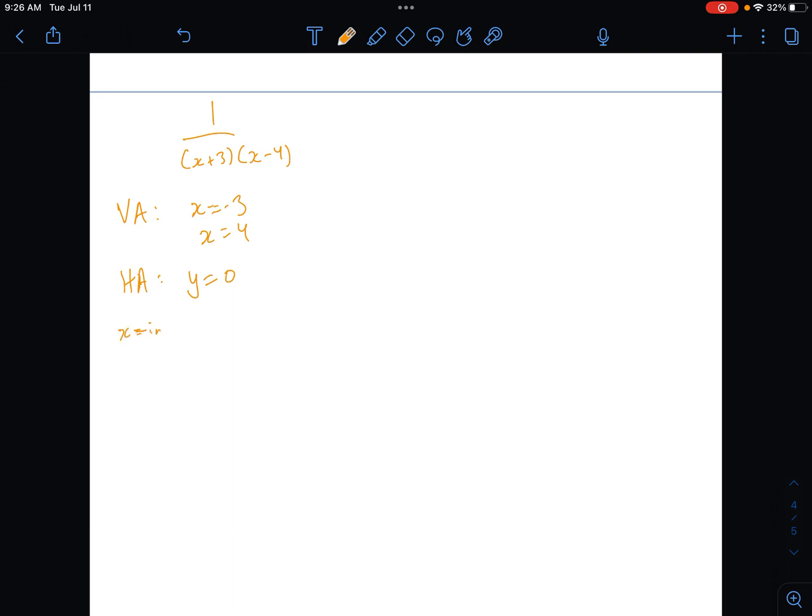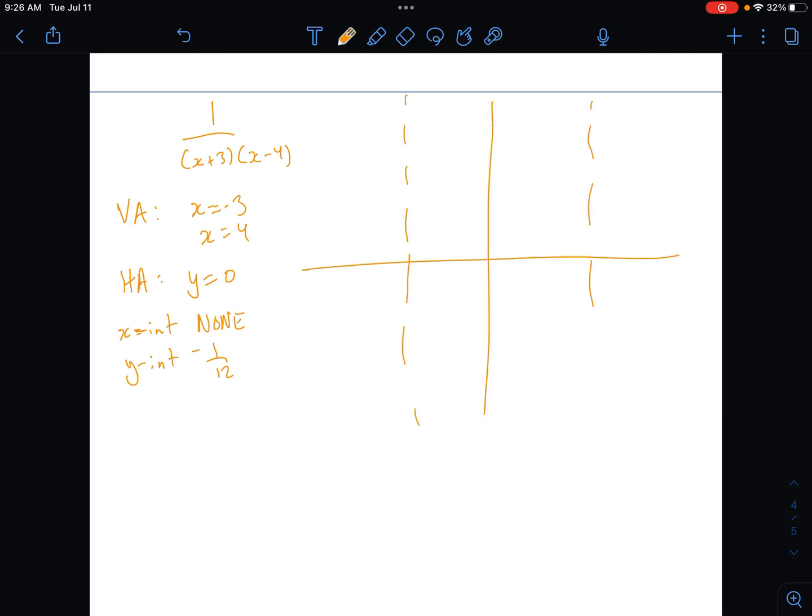My x-intercept, there is none. My y-intercept is at 1 over negative 12. So I'm drawing this picture. I have here negative 3, positive 4 here, and this is it. So it'll be like this, like this, like this, and like this.